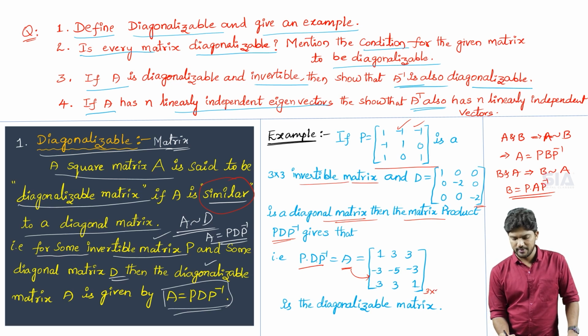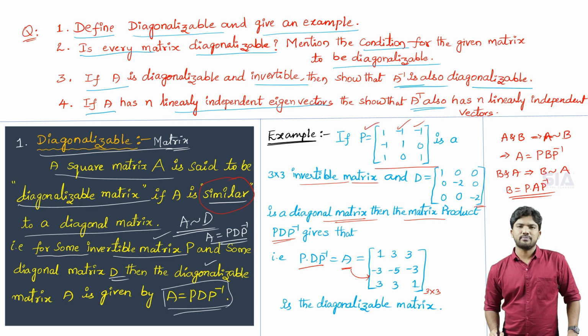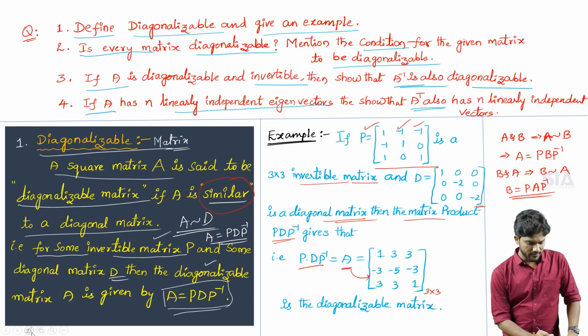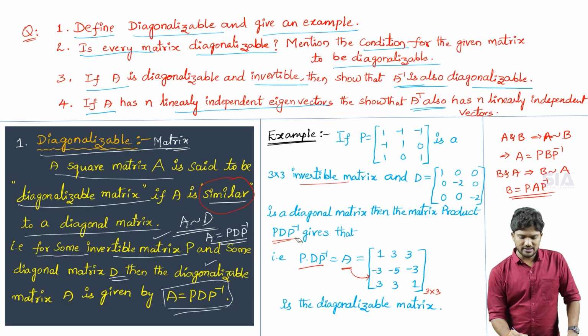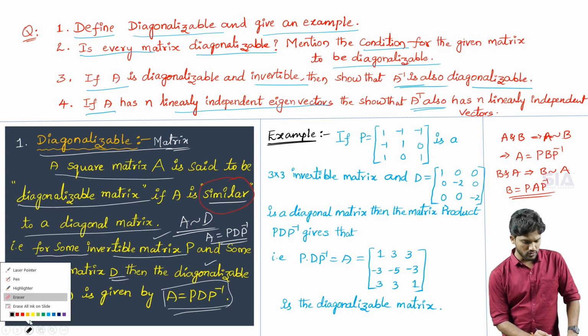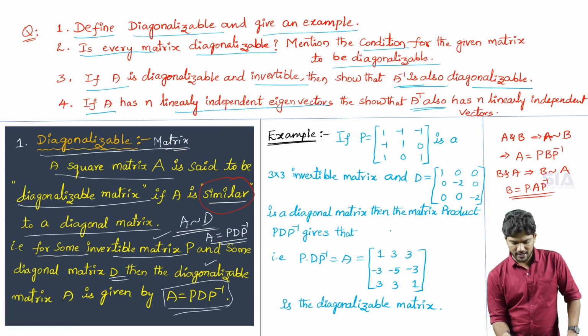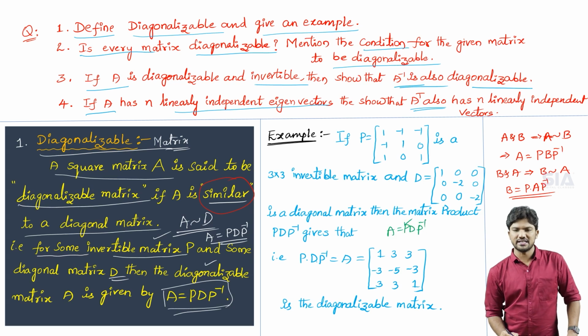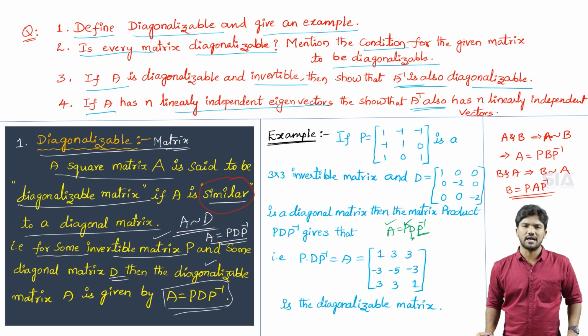It is a 3 by 3 square matrix. Whenever you take an invertible matrix capital P, observe carefully here in this example. To find the diagonalizable matrix capital A, we have to do the process, that is, capital A is equal to P D P inverse. Already you know very well matrix P, and we have the diagonal matrix capital D. To find capital A, we have to find out the P inverse value.